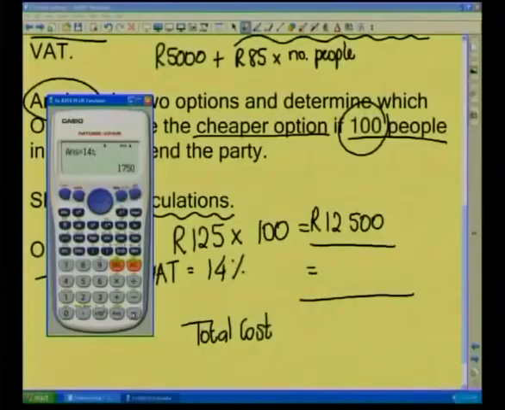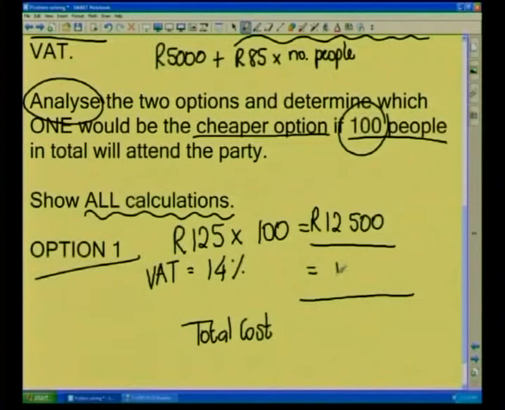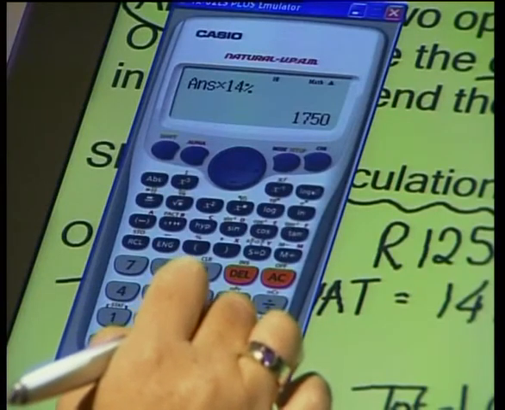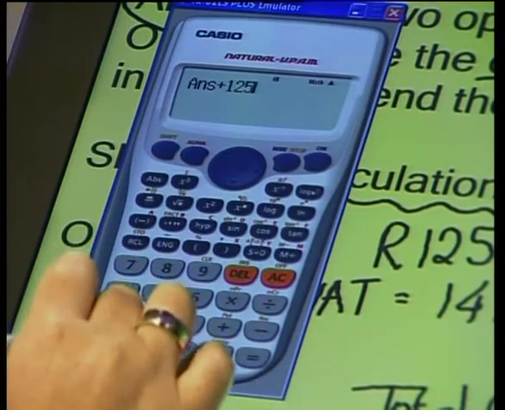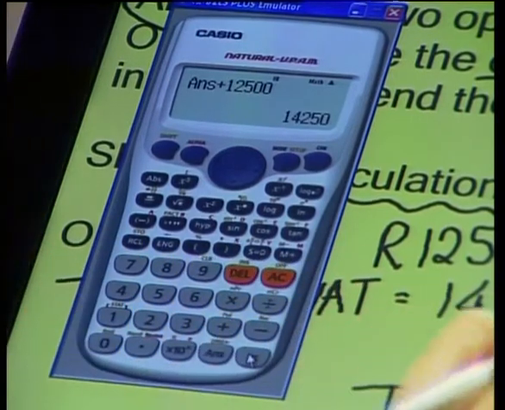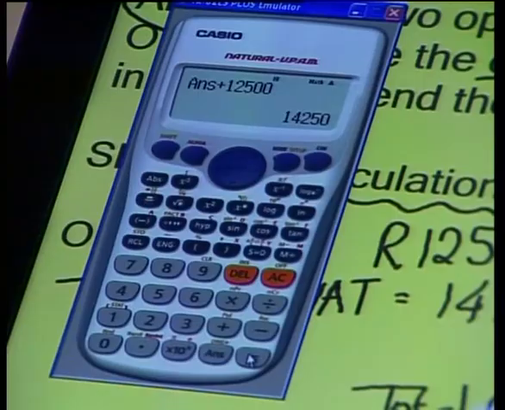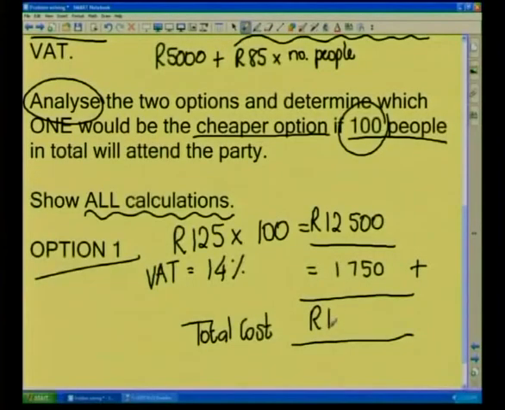And that's 1,750. So my total cost is going to be adding those two together. So I'm just going to add on my 12,500, which is 14,250 Rand. So that was for option 1.